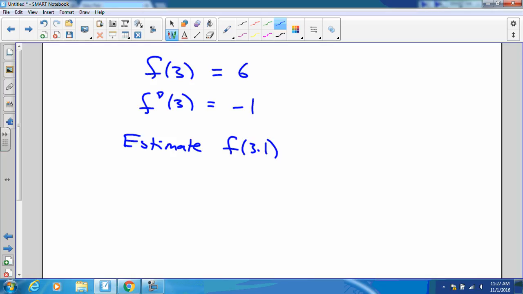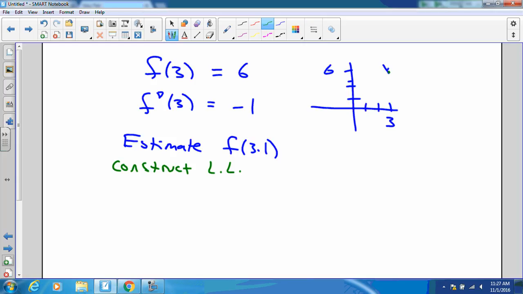Notice you don't know anything else about f, except two things: the value of f at the point and its slope. Graphically, here's what we've got. 3, 6, and we've got a slope of -1. That's all we've got. But I can use just that information to estimate the value right here by following the tangent line down.